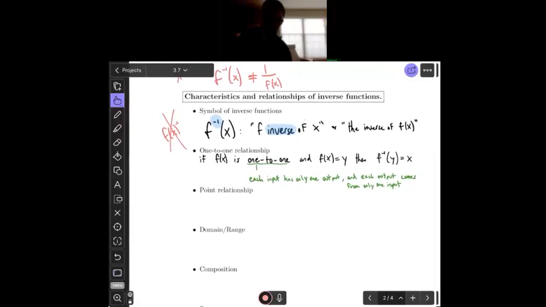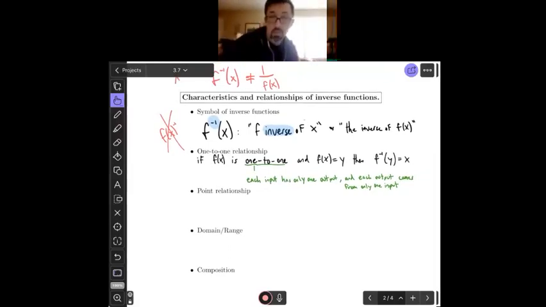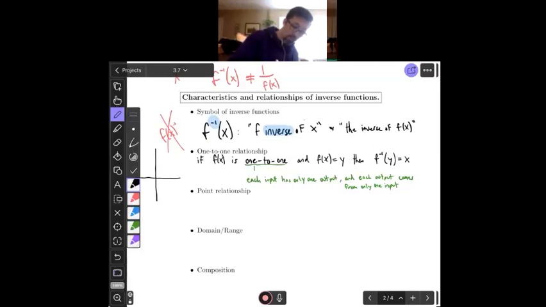Things that we've talked about a lot that aren't one-to-one would be like a quadratic. How you're going to use this is really not that bad. You're going to run what's called the horizontal line test.